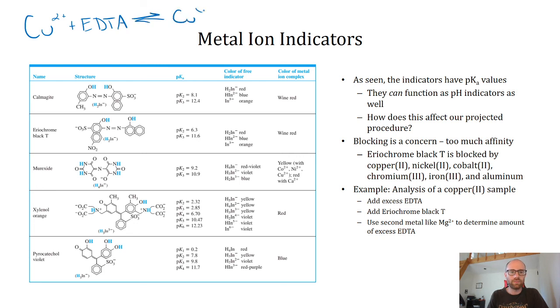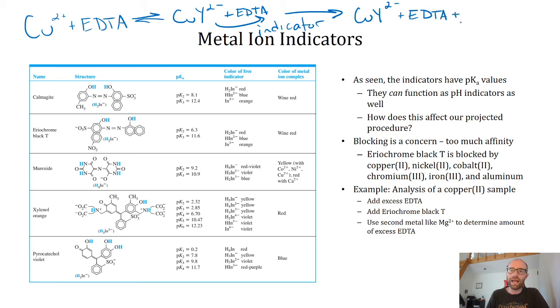And then you would then add some of your indicator. So I'm going to write EDTA here to indicate that we do have excess EDTA. Then you're going to add indicator, which would then, you'd still have the same solution. Then you would slowly add in another metal, say like magnesium, which would eventually then trip, and now you'd have a mixture of this and that.